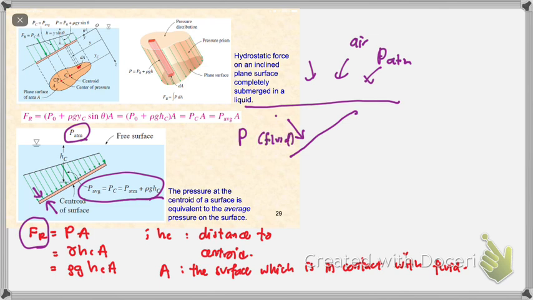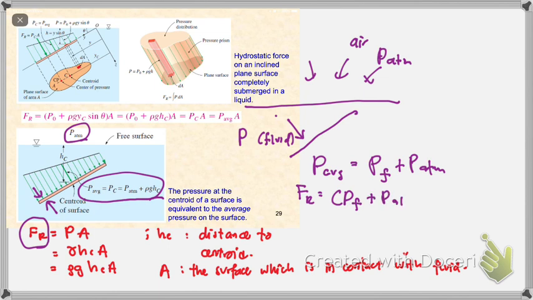So the P average acting on that surface is equal to P of the fluid plus the P atm. Therefore, when you want to find the total force resultant acting on your surface, it is equal to P of the fluid plus P of the atm, times A.